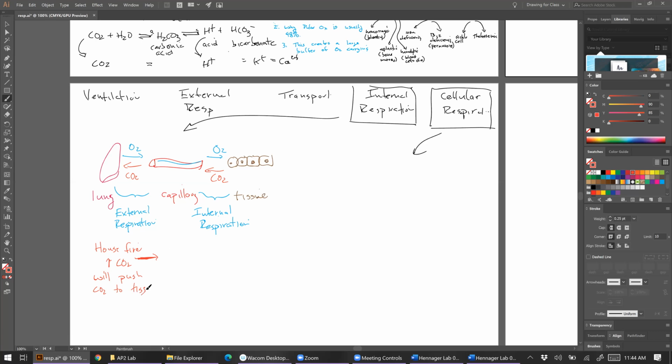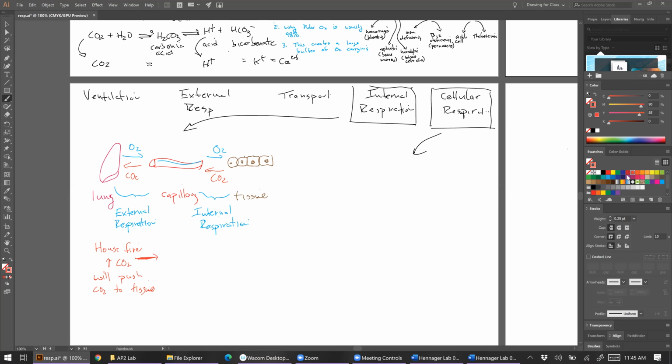We'll talk about this when we get to the next section. It's also causing acidosis, and that can damage capillaries. It's also going to throw off ion concentrations like potassium and calcium. And so people in fires can die of cardiac arrest because the smoke changes the chemistry of their blood.